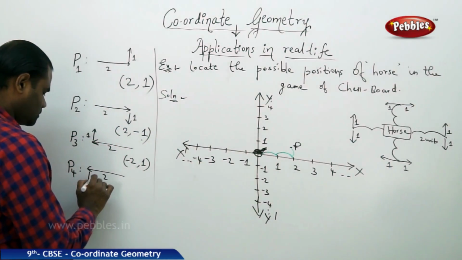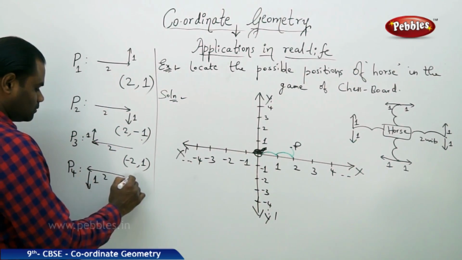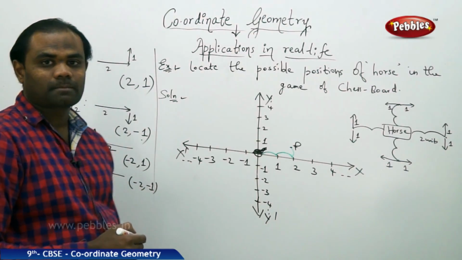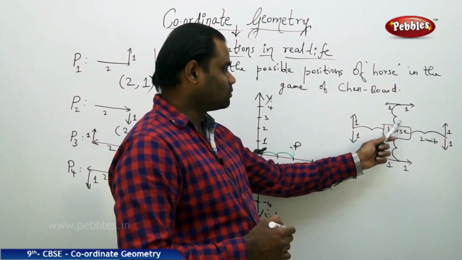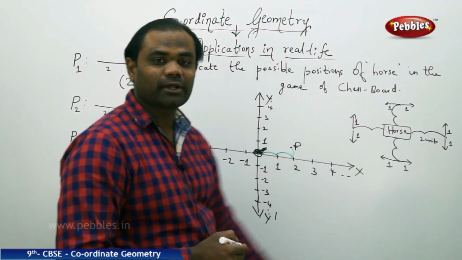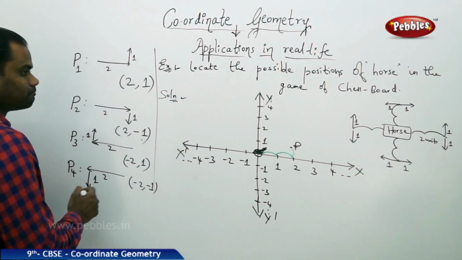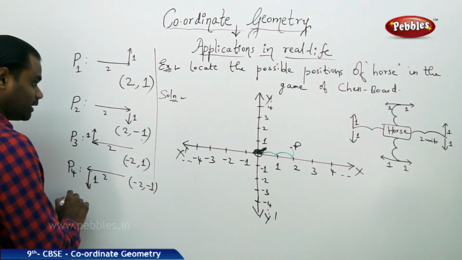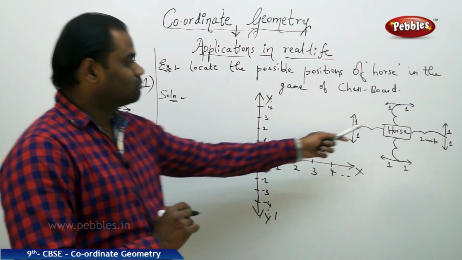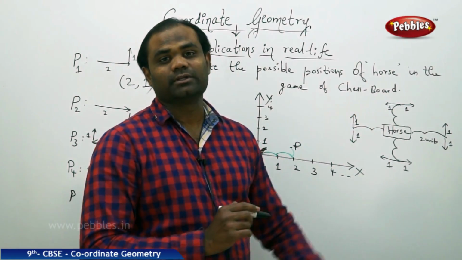So it moves 1 unit down, and I get this to be -2, -1. Similarly, I have the 4 other cases where the horse moves 2 units up and 1 unit right, which is P5.